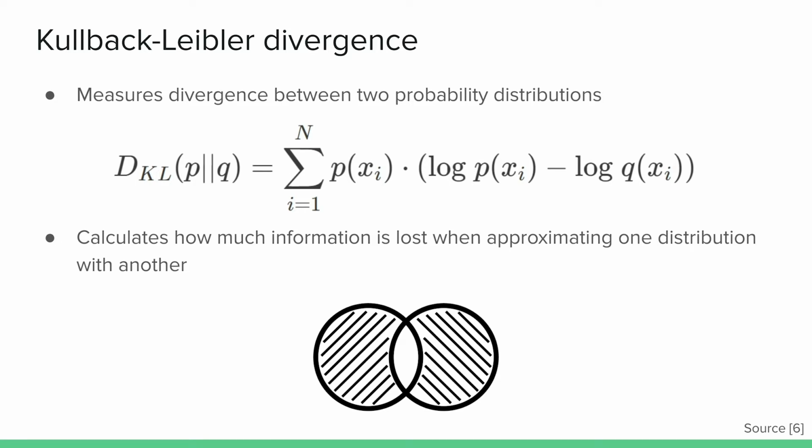The second term that we saw before is an interesting thing. It's the so-called Kullback-Leibler divergence. And what it does is it measures the divergence between two probability distributions. So it's a slight modification of our formula for the entropy loss that we saw before, but rather than just having our probability distribution P, we add in our approximation of the second probability distribution Q here, and then we take a look at the difference of the log values.